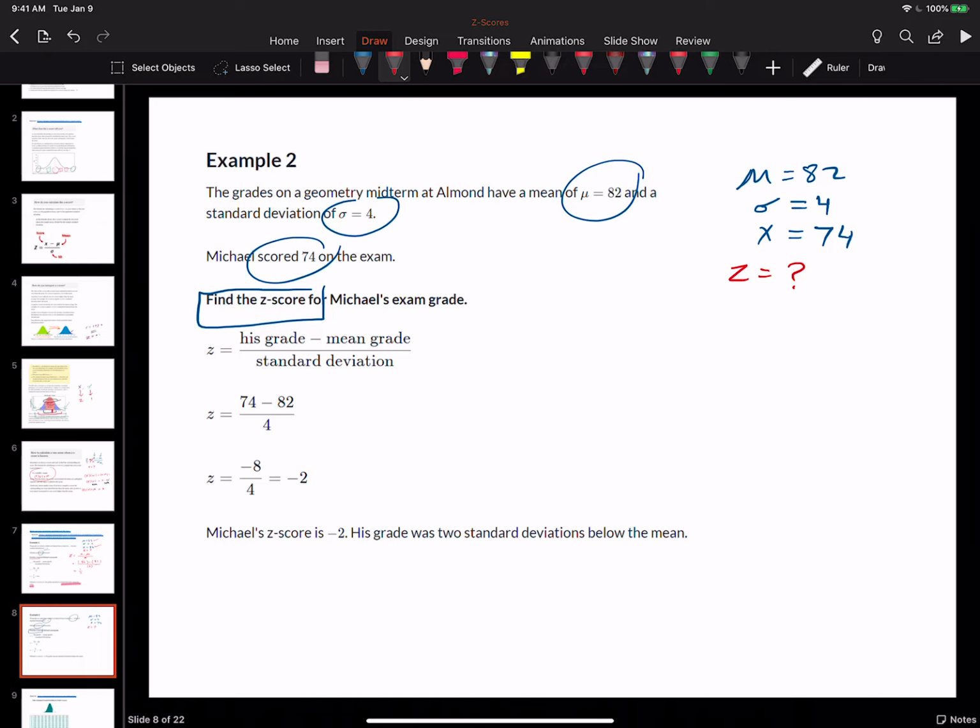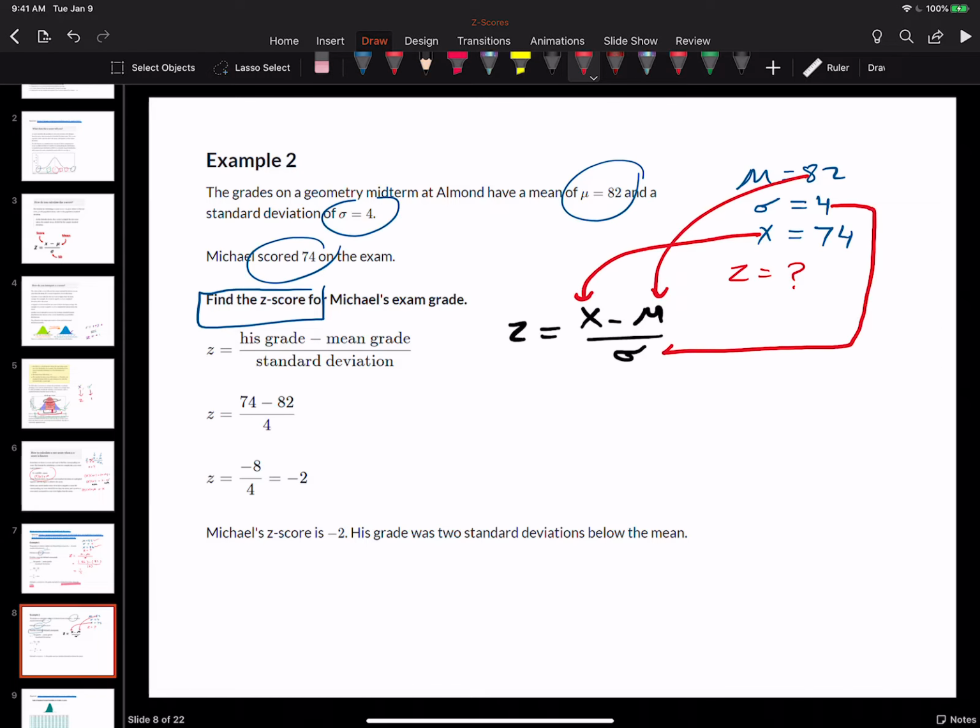To do it without using the formula, just like the basic formula, cross multiply, we could do the following. So we have z equals x minus mu over sigma. Now mu is 82, that doesn't go here. X is 74, that's going to go right here. And sigma, which is 4, goes right here.